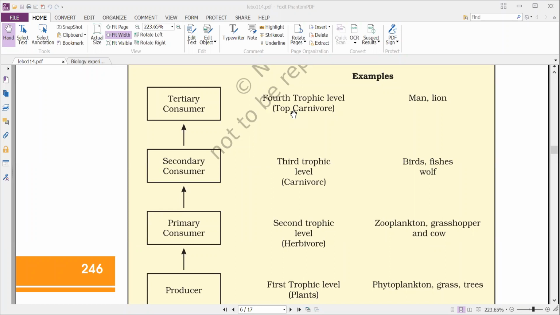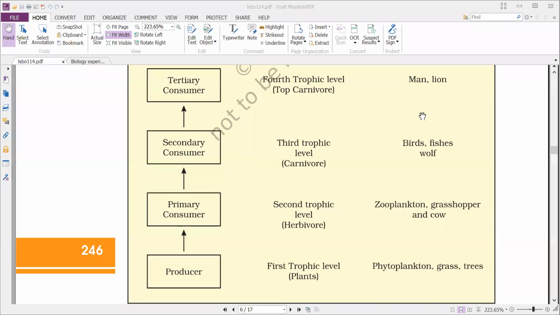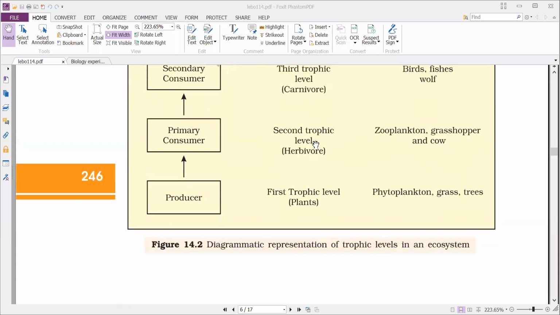So that's why, because they are able to eat any organism, they are considered as the top carnivore, which occupies the fourth trophic level, which we commonly call tertiary consumer or secondary carnivore, and includes man, eagle, lion. That is how the trophic levels were represented.